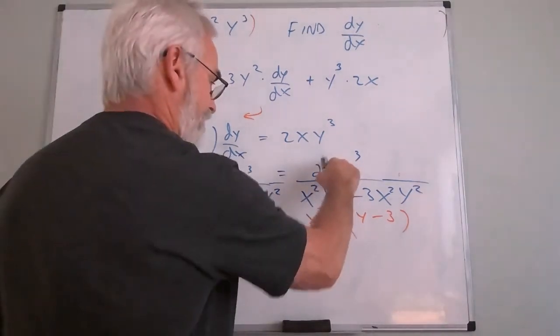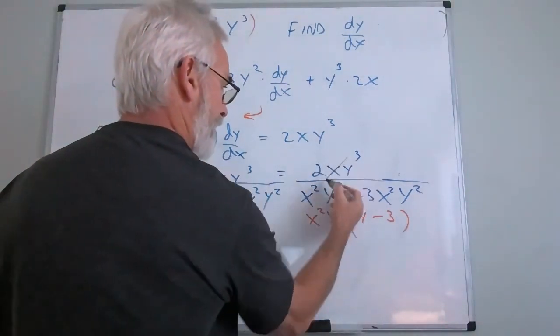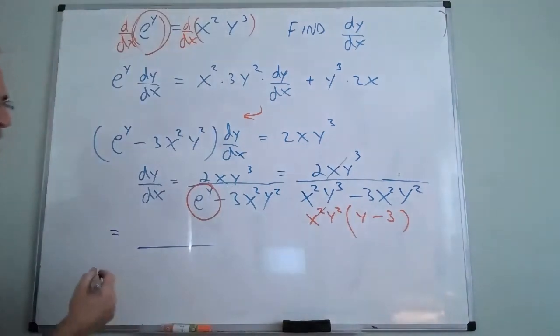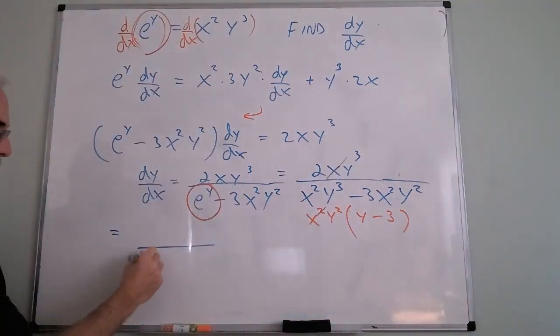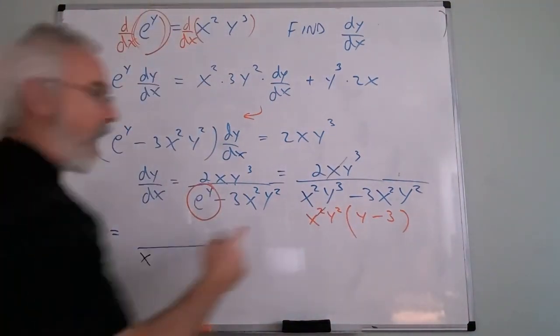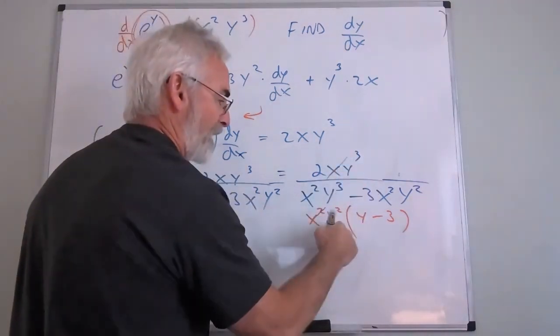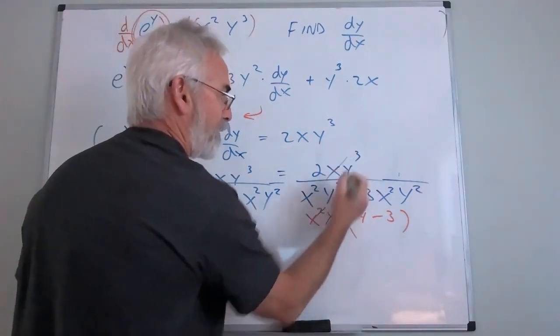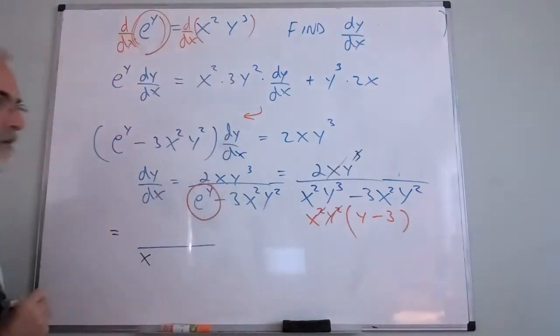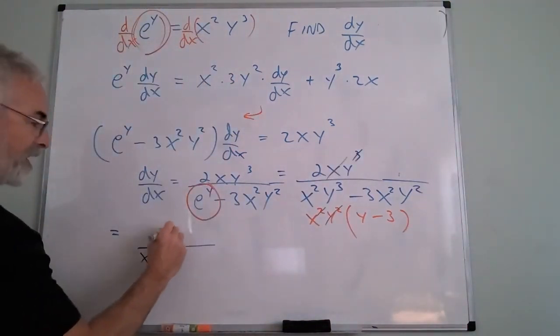I've got an x, I've got an x squared, so I can take that x and one of these. Do you agree? I've got a y cubed and a y squared, so I can lose both of those, leaving me one of these on top. So my top, it looks like I have a 2y.